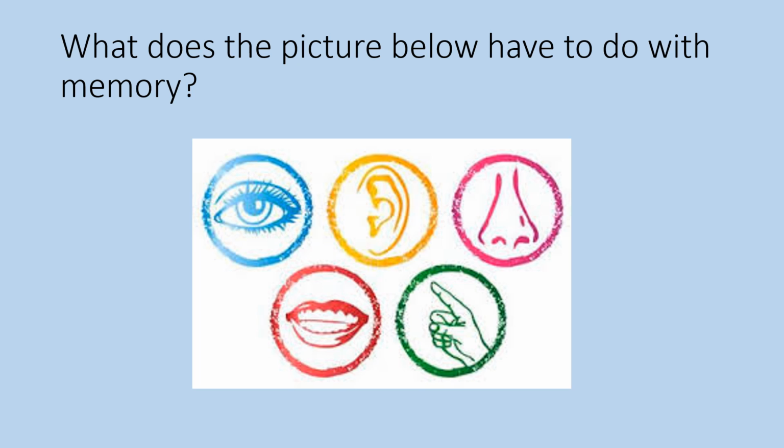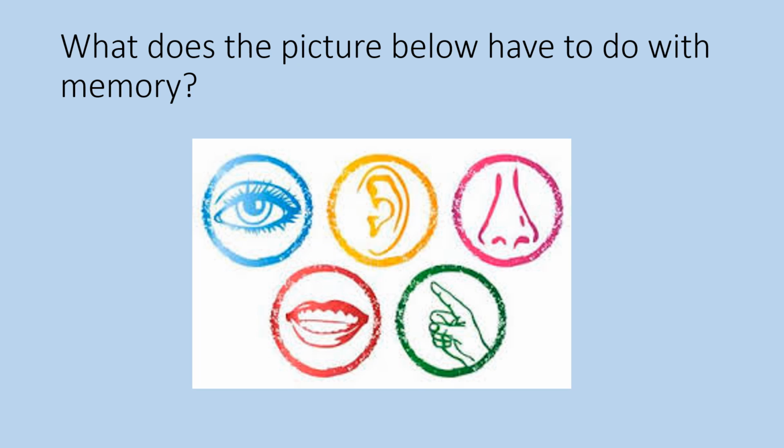So first of all, what do you think the picture below has to do with memory? Okay, yeah. Those are all images referring to our senses, and our senses provide a stimulus which comes into our memory. We need to remember this.